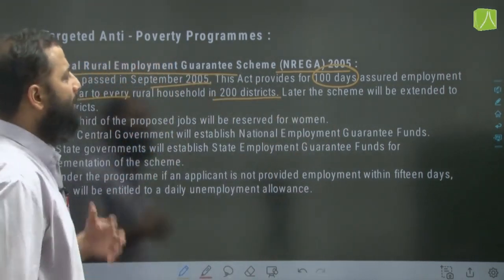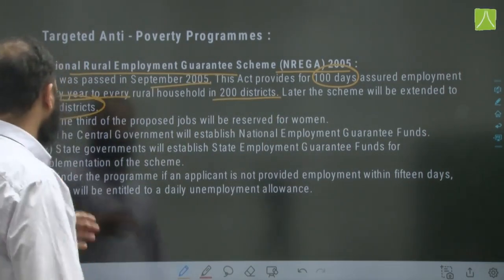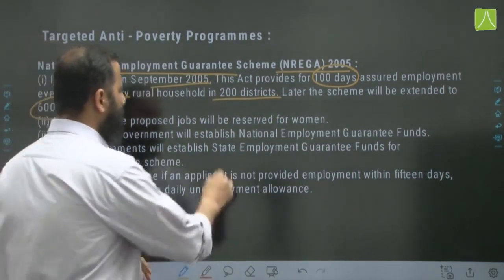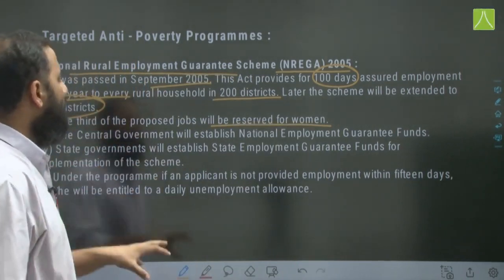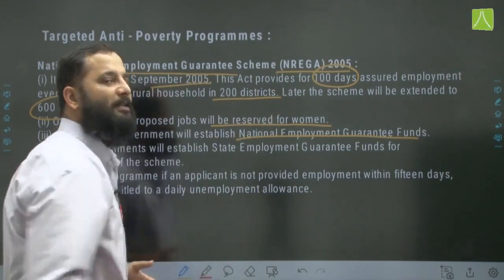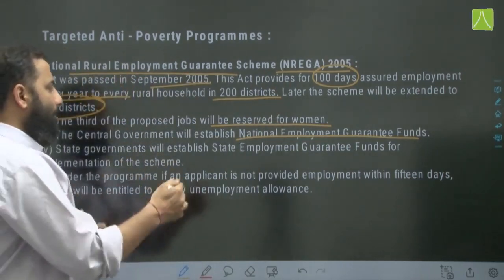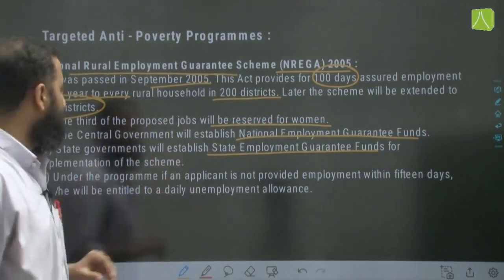Later, the scheme will be extended to 600 and 625 districts of the nation. One third of the proposed jobs will be reserved for women. The central government will establish a National Employment Guarantee Fund through which funds will be released. State governments will establish state employment guarantee funds for implementation of this scheme.